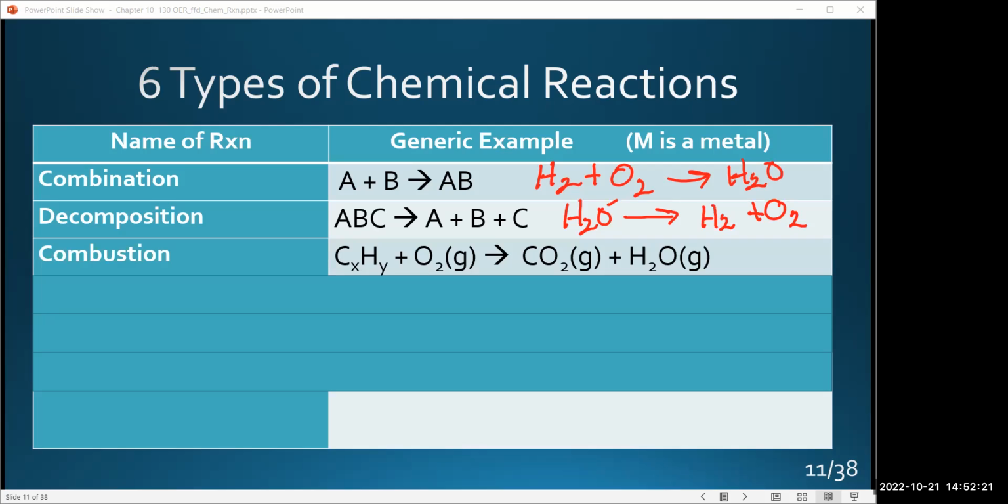Combustion reaction. Here's the one I was just talking about. For us here in Chem 130, we are talking about the combustion of only what are called hydrocarbons.